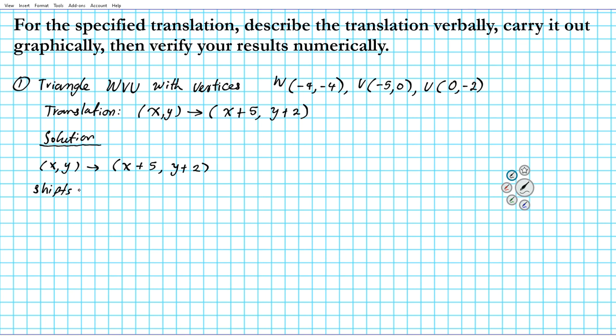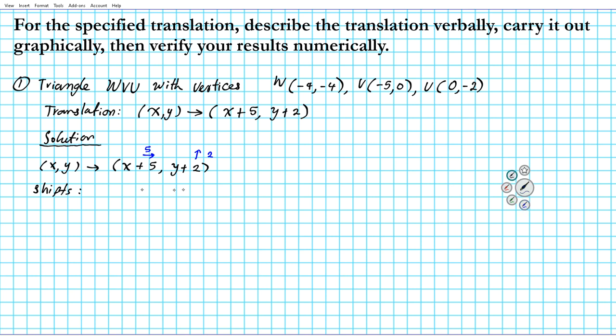Think about the direction of the x-axis. The x-axis goes side to side, right? So if you're adding numbers to your x-coordinate, you're going to be going to the right. The object will be shifting to the right 5 units. And when you're adding numbers to the y coordinate, you're going to be shifting your graph upwards. Your geometric figure will shift upwards.